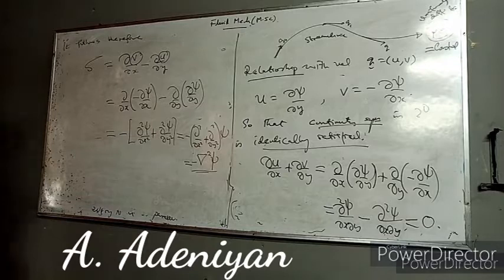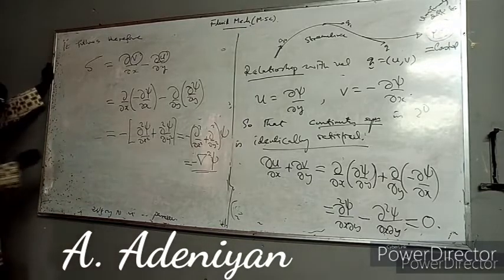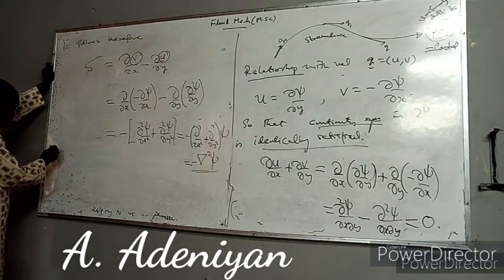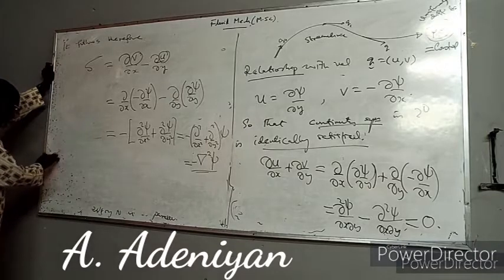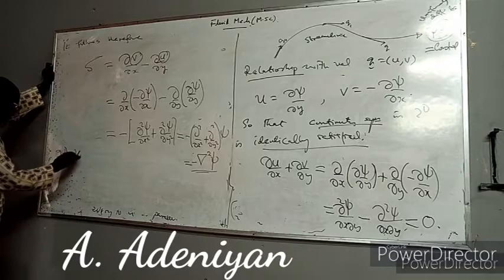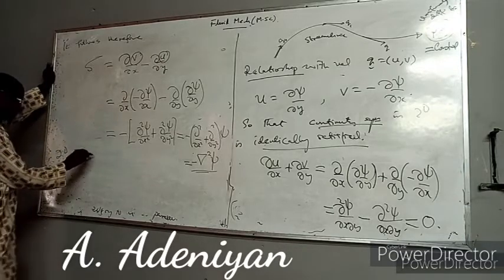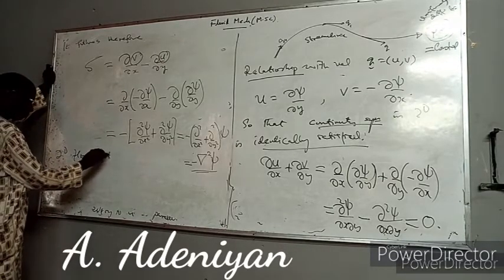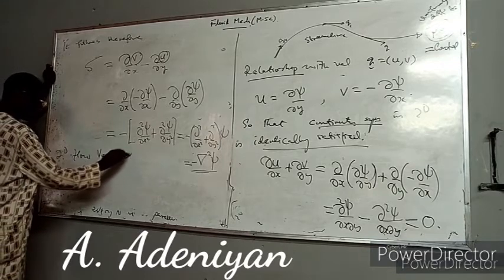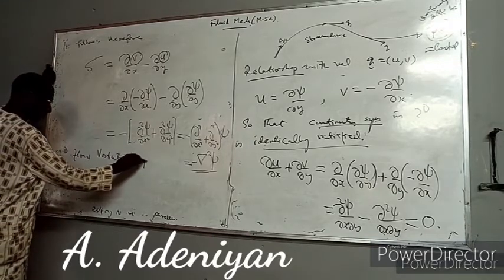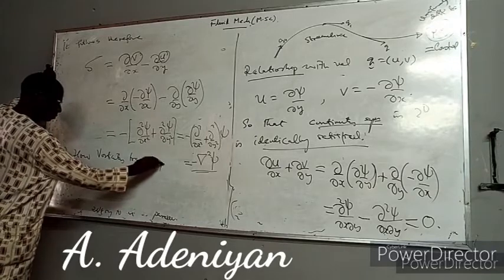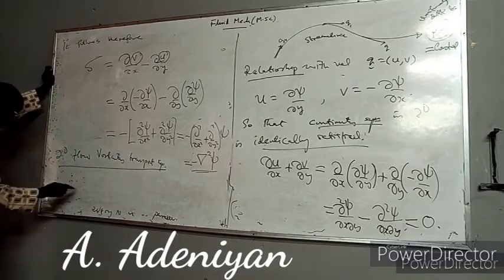Okay, so if that is the case, what is our equation now? 2D flow. What is the transport equation? So, which is what?